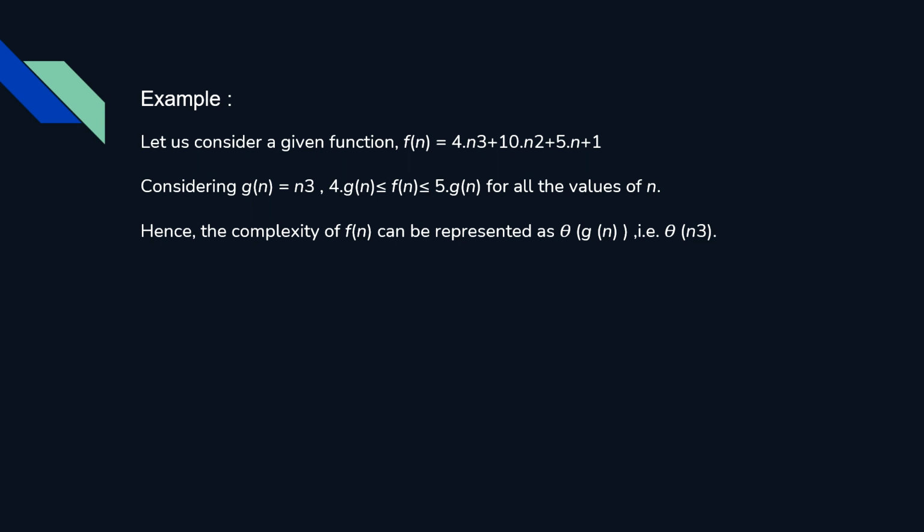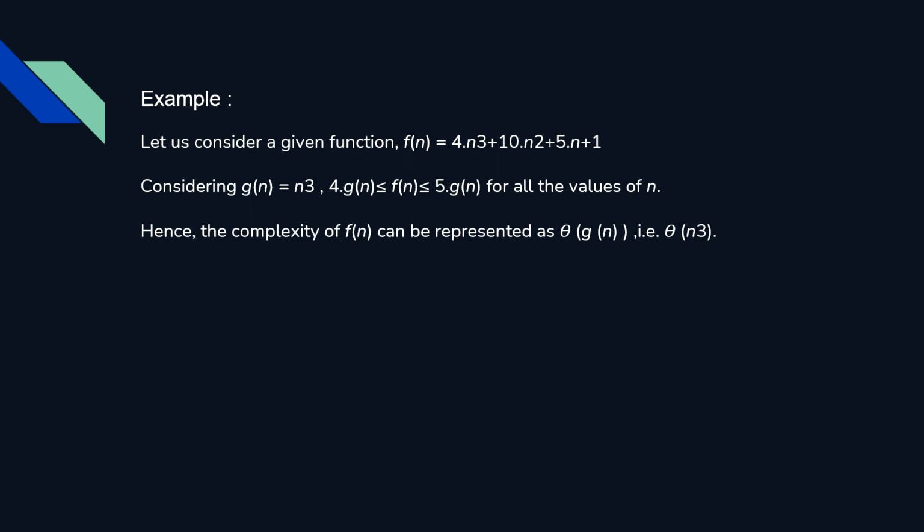Here two constants, c1 and c2, are used. c1 is used for the upper bound and c2 is used for the lower bound. For the first constant, the upper bound c1, we take the value as 5, and for the lower bound c2 we take 4.